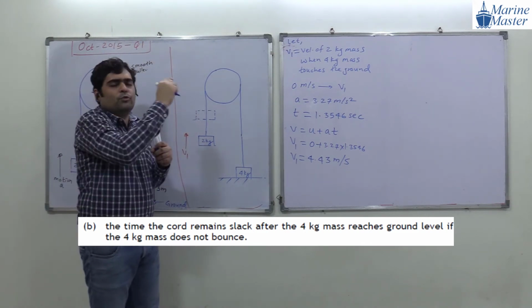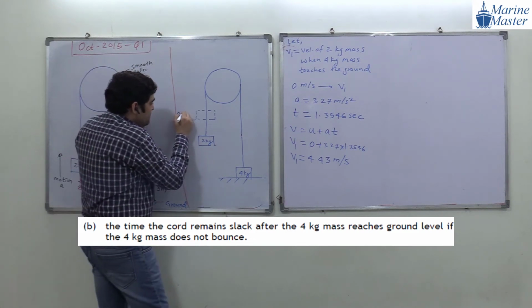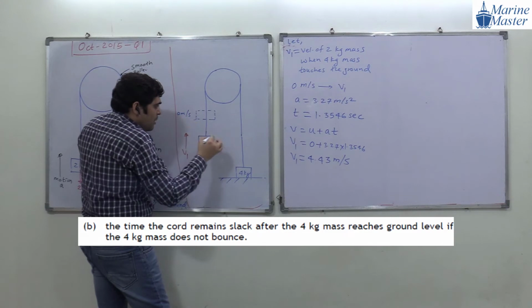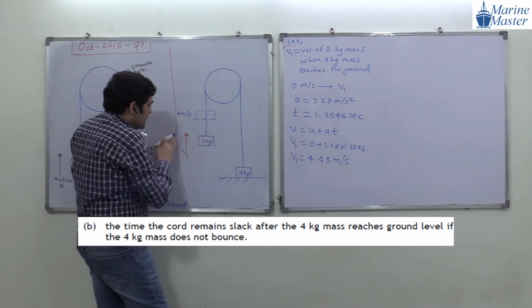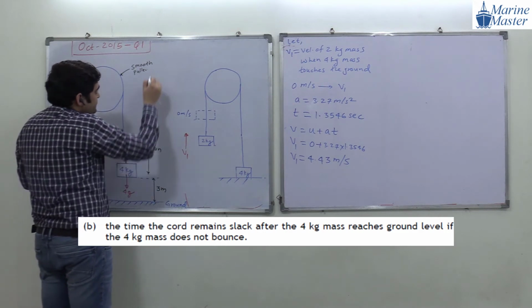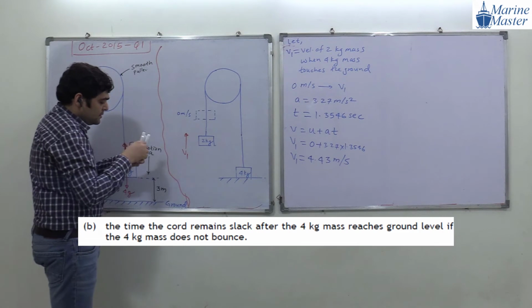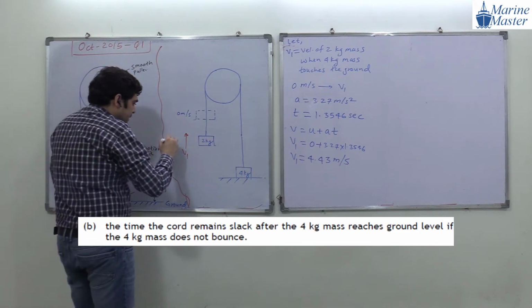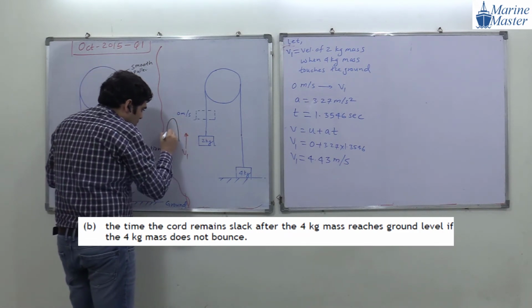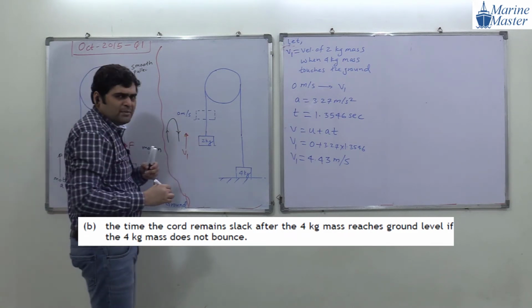Now, during that motion, after achieving velocity 0 and then again moving, how is it going, guys? Try to see the point here. Very, very important discussion. It is going up and then going down. This 2 kg mass is going up and then going down, in the same line.